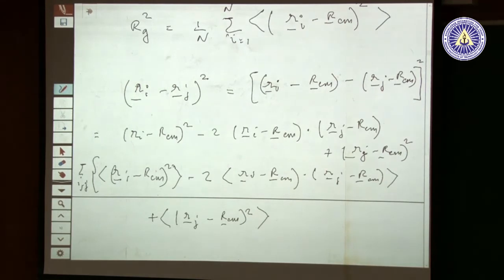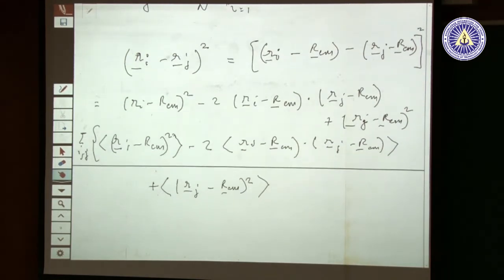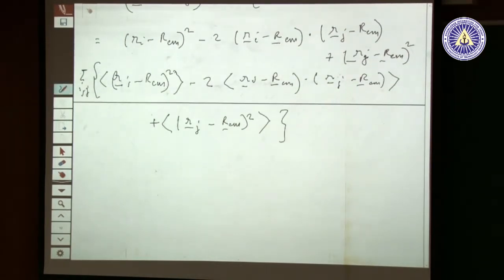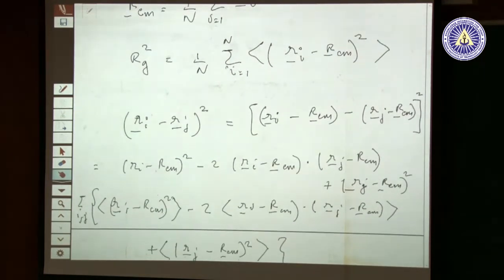Okay. And let us take the sum in now. So, the first sum, there are only terms involving i, right. So, there is no j in that first sum, and you will recognize that the first sum is nothing but our definition of the radius of gyration, right. Because if you look here, the radius of gyration had Ri minus Rcm squared, and that is what the first term is. So, this is just n times Rg squared, right, the sum.